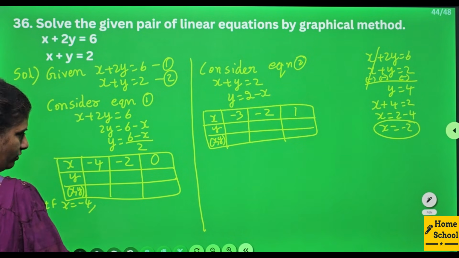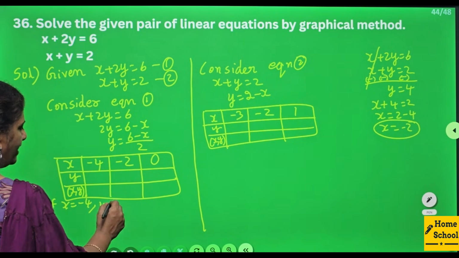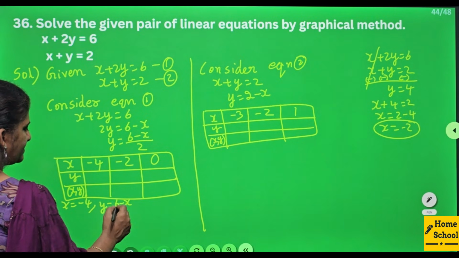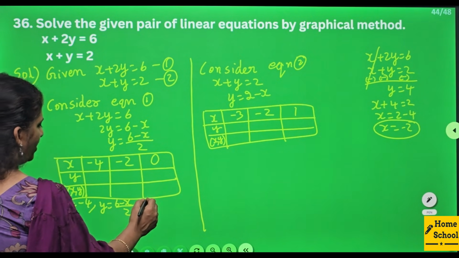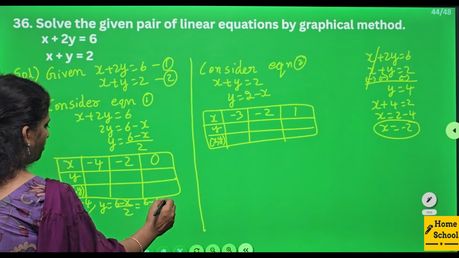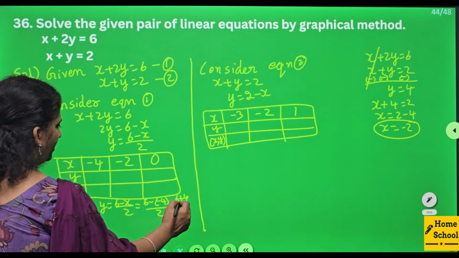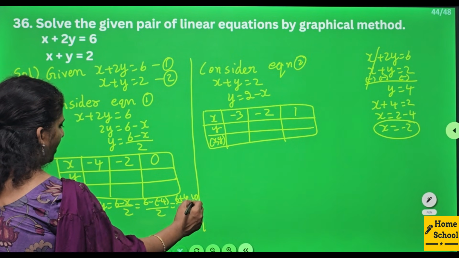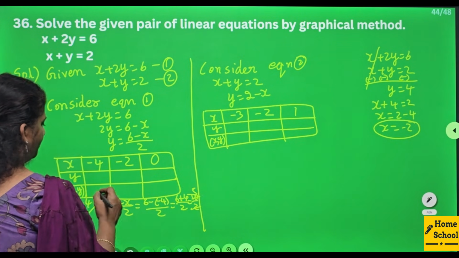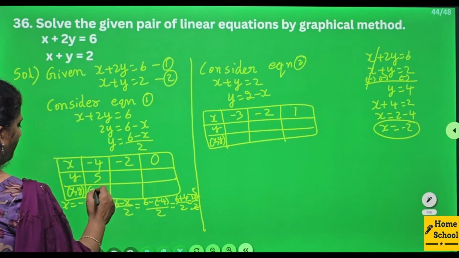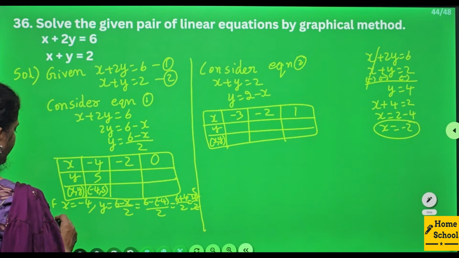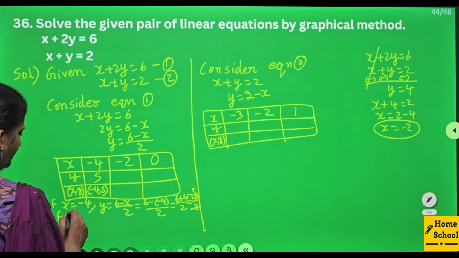If x is equal to minus 4, y is equal to 6 minus x by 2. Substitute x value here: 6 minus of minus 4 by 2. That is 6 plus 4 by 2, which is 10 by 2, that means 5. Minus 4 comma 5 is the coordinate. In the same manner, go with the other terms.